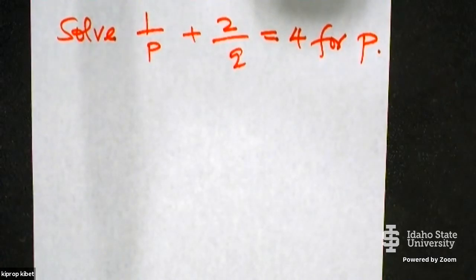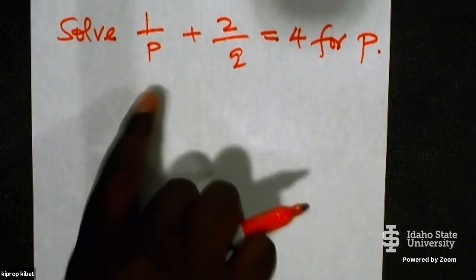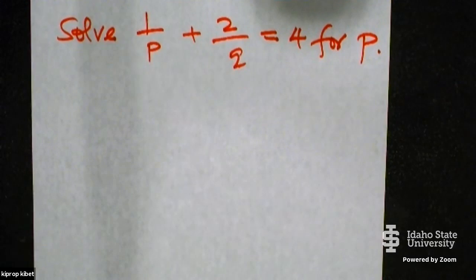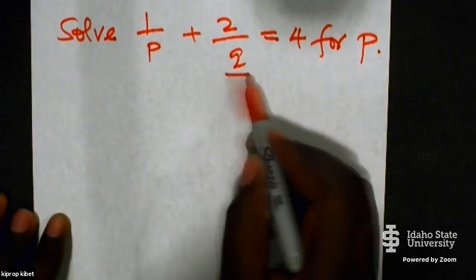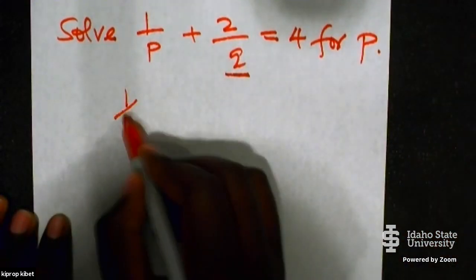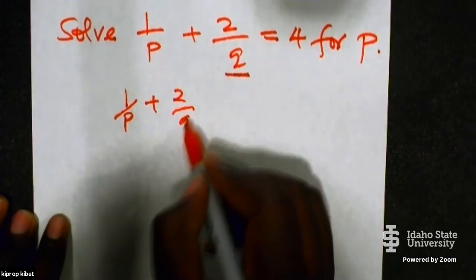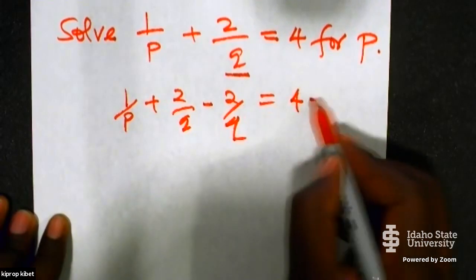Solve 1 over p plus 2 over q equals 4 for p. So we want to make p the subject. So how should we make p the subject? First of all, the first step, you can take these ones to the other side. Okay. So 1 all over p plus 2 all over q minus 2 all over q equals 4 minus 2 all over q.